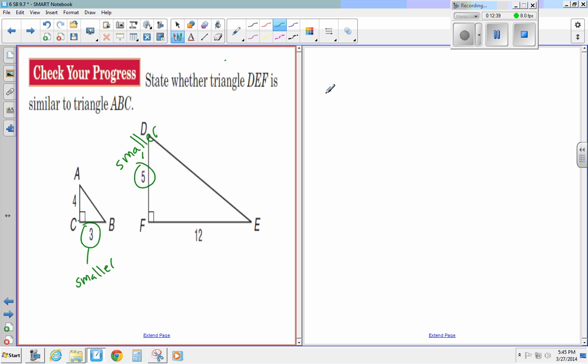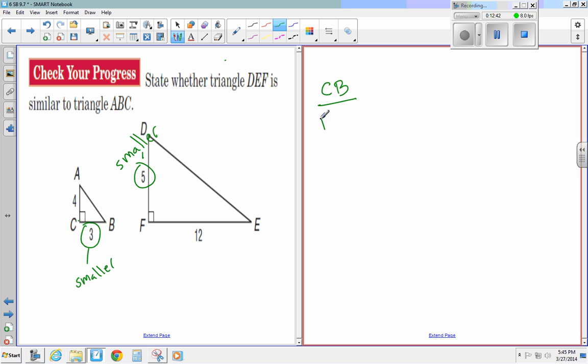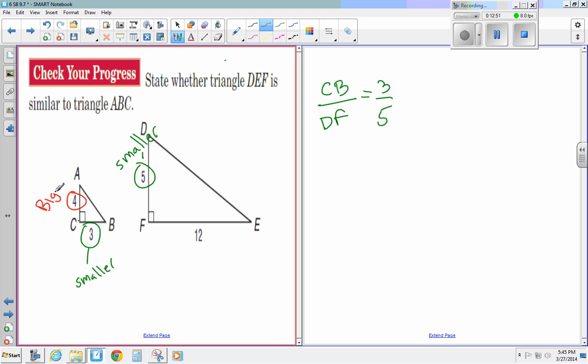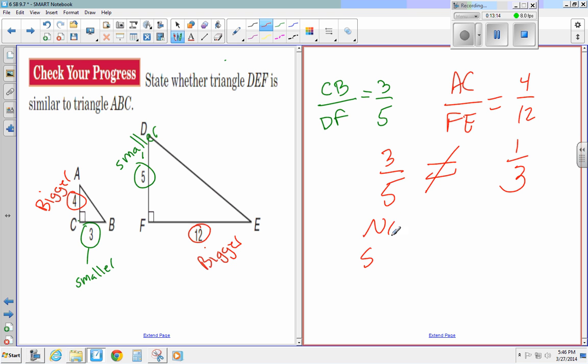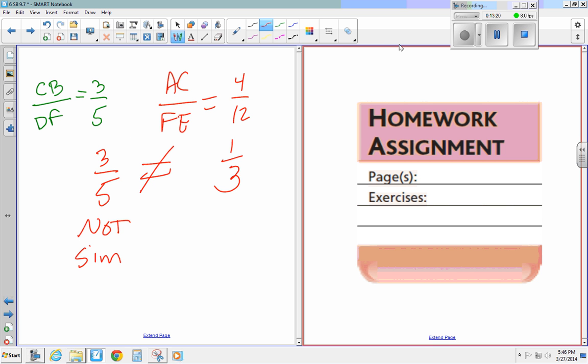So our proportion should be CB over DF, which is 3/5. Then the bigger number should be compared. So AC over FE is 4/12, which reduces to 1/3. So no matter what, for this one, not equal, not similar.